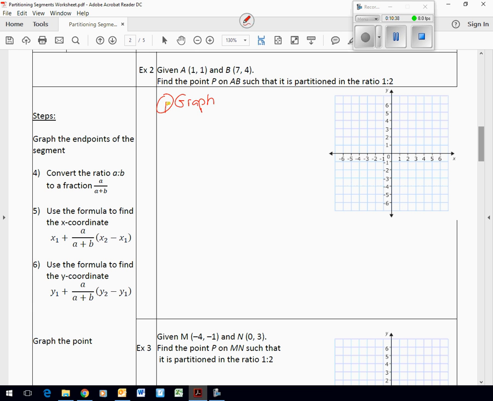Point A is at 1, 1. Point B is at 7, 4. Here's A. Here's B. I'm going to draw a line segment right there. It's close enough for government work. All right, there we go. There is line segment AB.